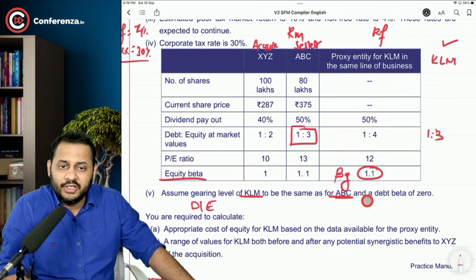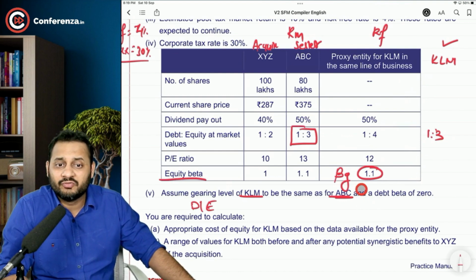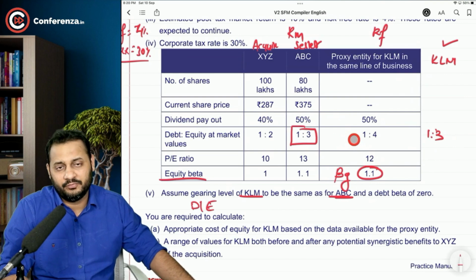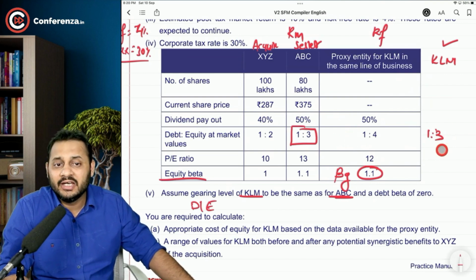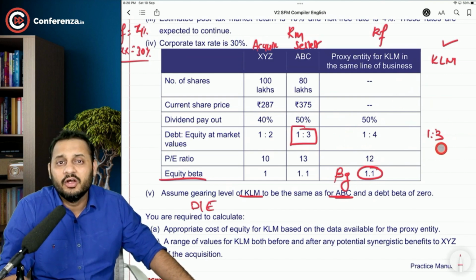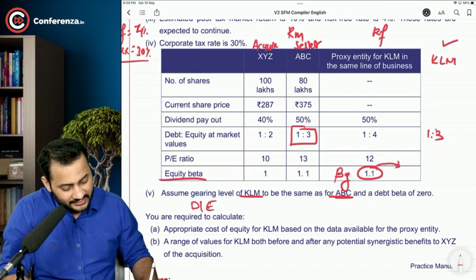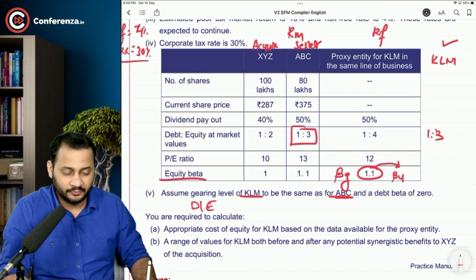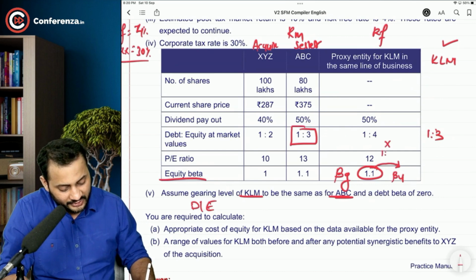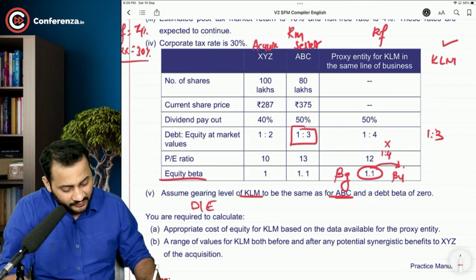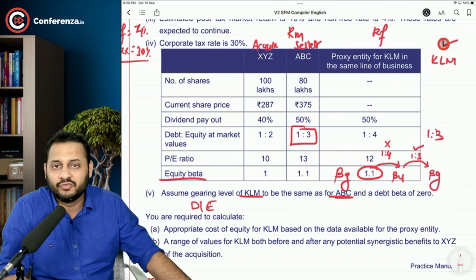Tell me, can we use this geared beta of 1.1? No, sir. We cannot use, because 1.1 consists of the debt equity risk of 1:4. That is of proxy. But we need an equity beta which includes the risk of 1:3. So what are we going to do? We are going to convert this geared beta into ungeared beta. That means we are going to remove the 1:4 ratio out of it, and then we are going to add the 1:3 ratio and convert it back to geared beta, which can be used for KLM.